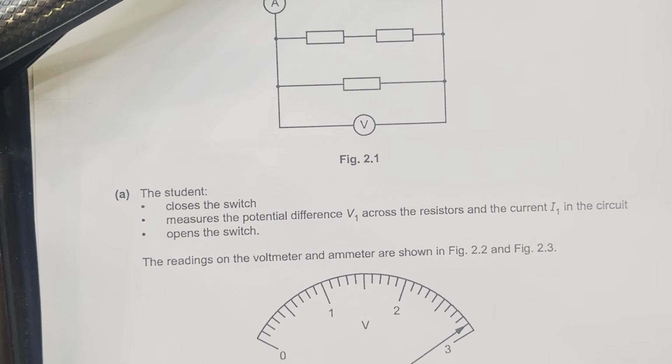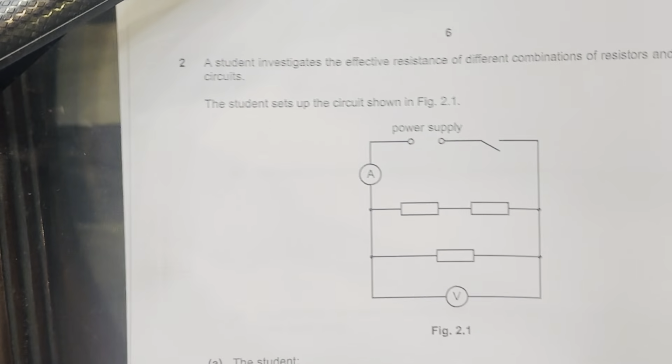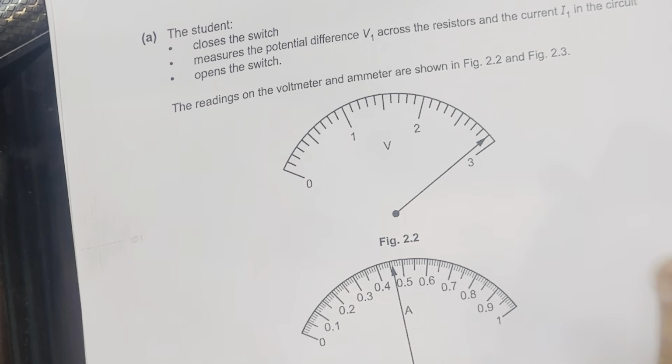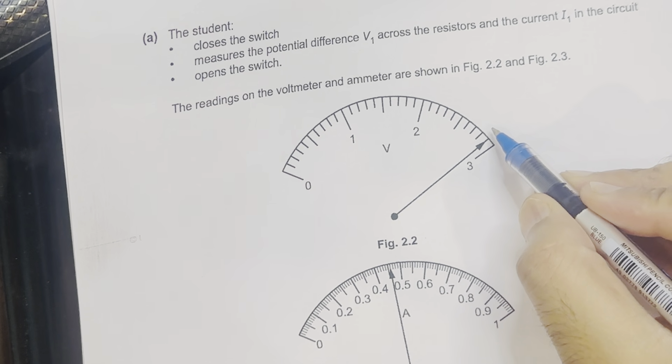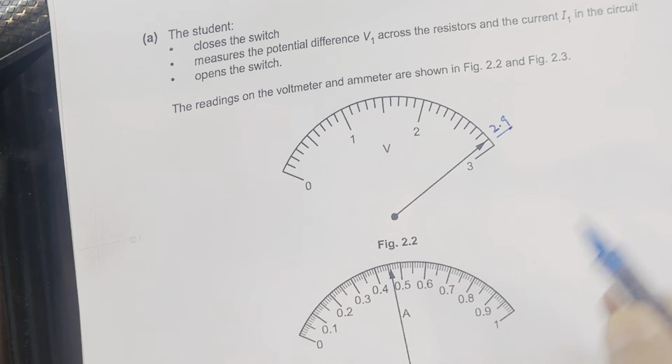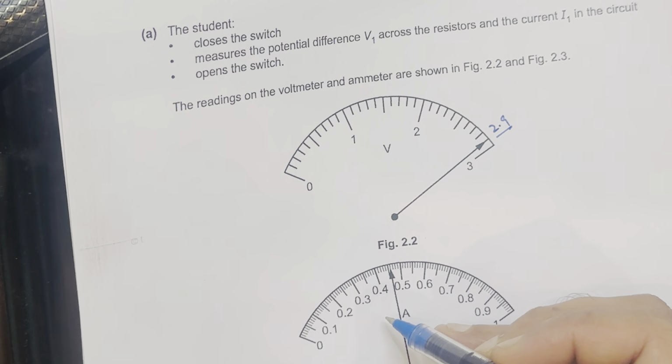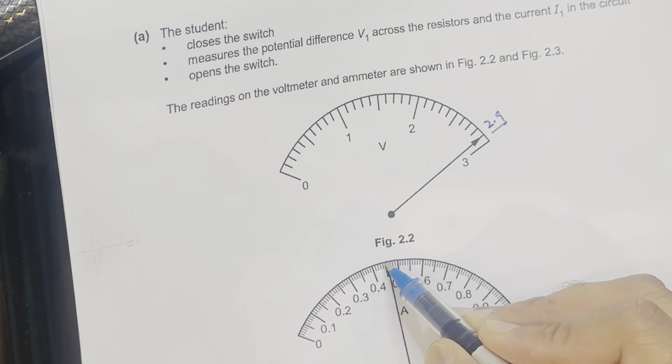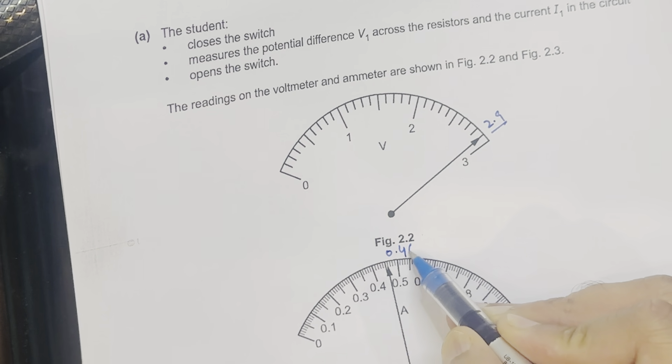We have been provided with the figures. I'm going to show it. The voltmeter is showing a reading equal to 2.9, and the ammeter is showing the reading 0.46.